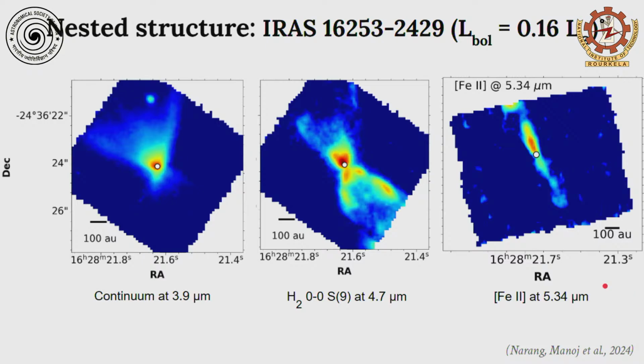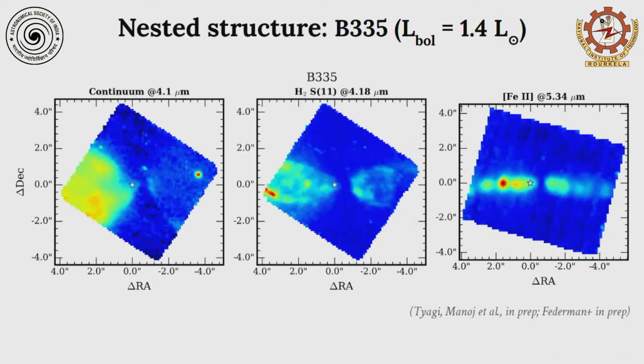This is the nested structure in morphology that I'm talking about, and we see a similar structure in all the other protostars. B335, another one of the low luminosity protostars: this is the continuum at 4 micron, where you see the cavity clearly delineated in scattered light, and then this is the hydrogen line, the S(11) line.